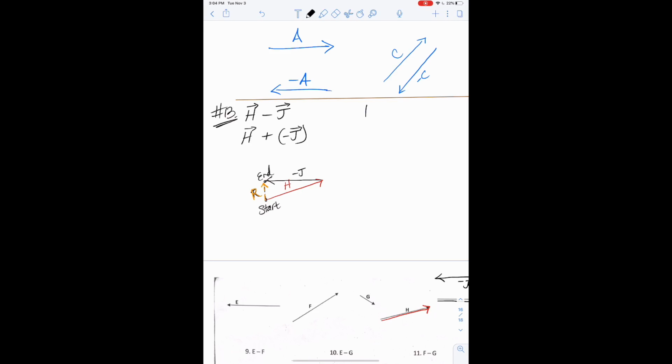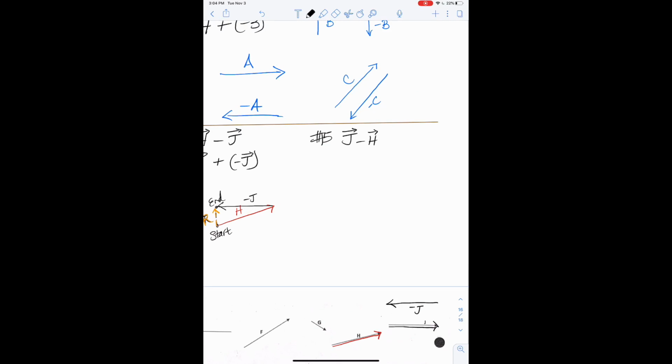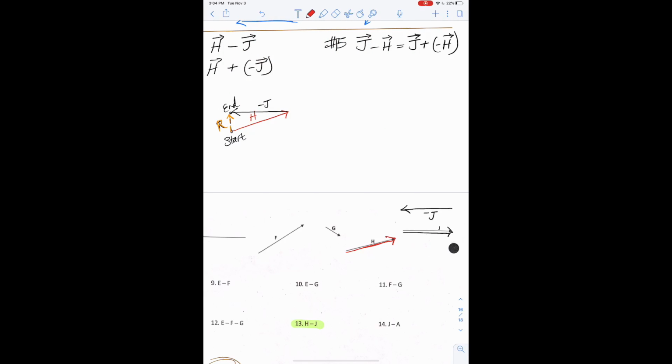What if we then take a look at number 15, which says J minus H, which we said just a second ago for the other one is the same as J plus negative H. Once again, we have to figure out what negative H is. If H points like this down here in red, then negative H would be parallel but point in the opposite direction.